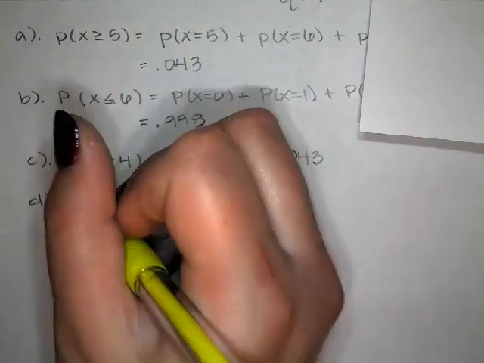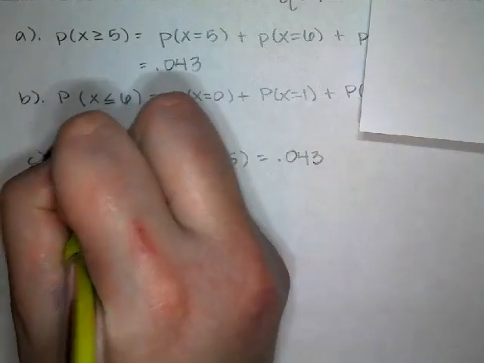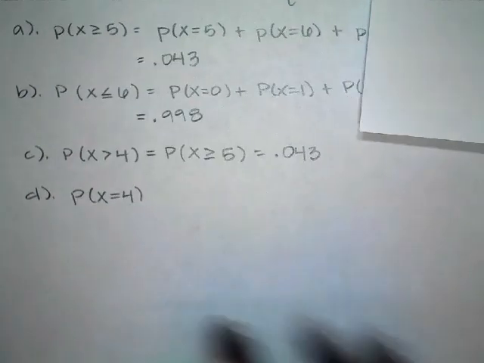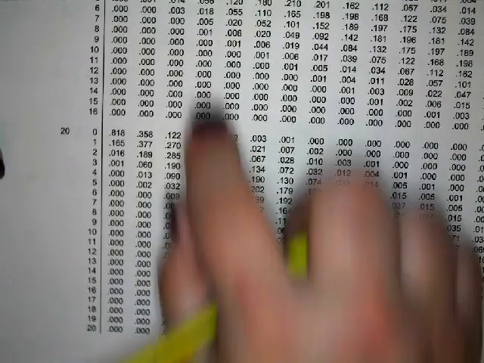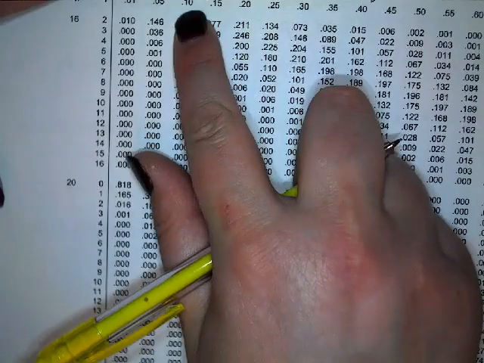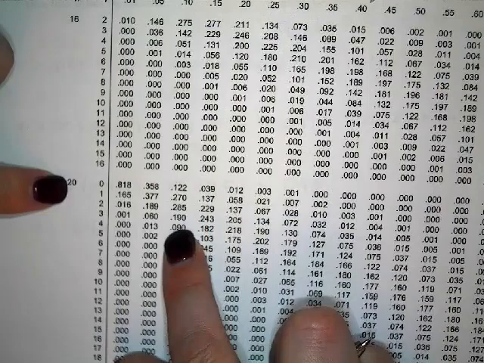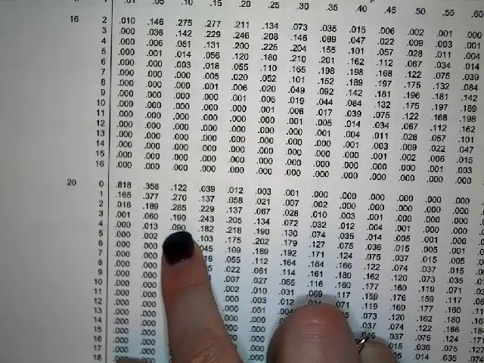Next, the probability that exactly 4 cars are black. So this is only 4. With 0.10 probability and 20 trials, exactly 4 is 0.090.